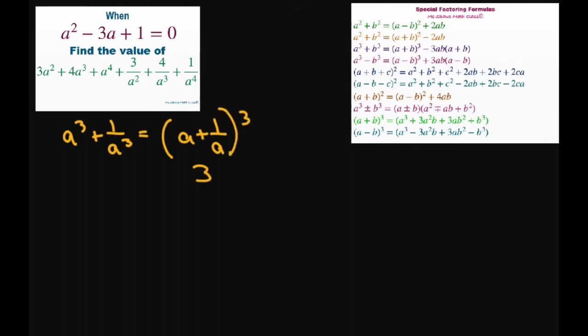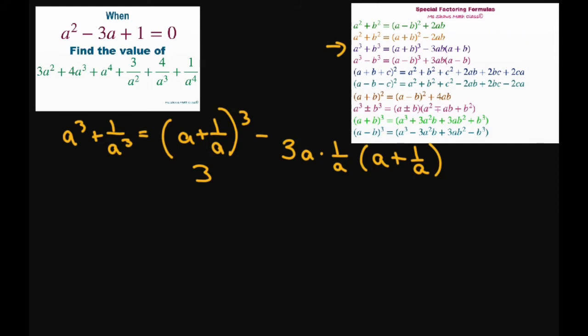Using that formula, it's going to be minus 3 times a times 1 divided by a, times a plus 1 divided by a. So that's just that formula.